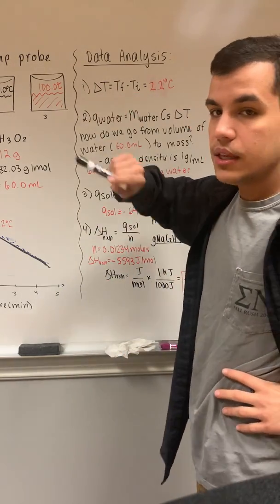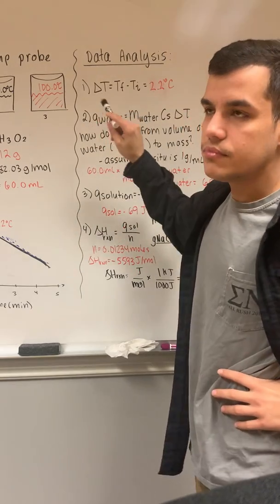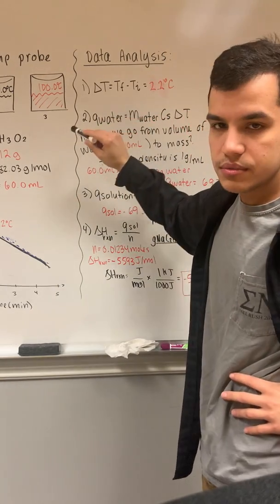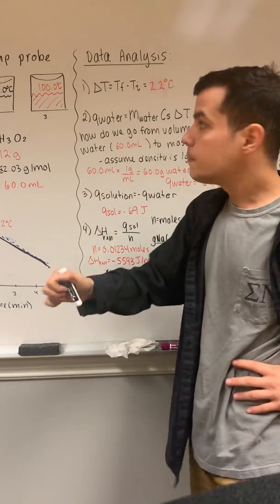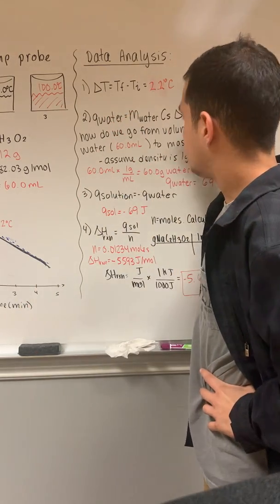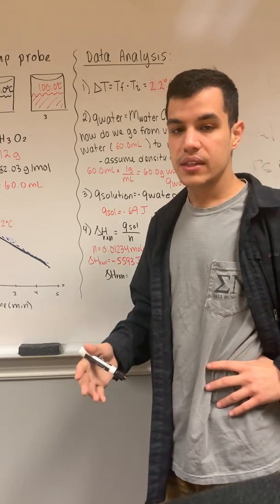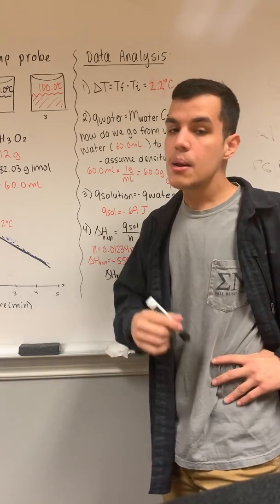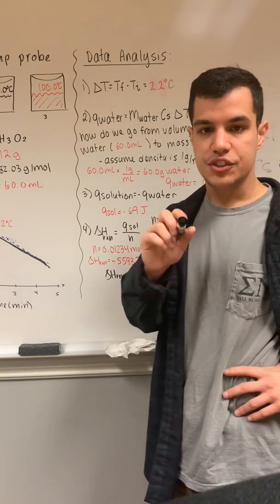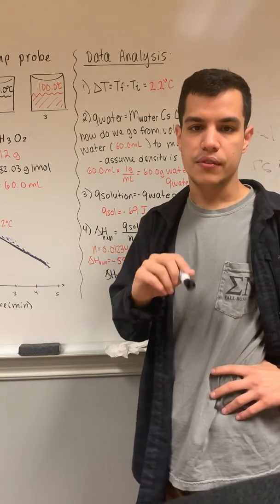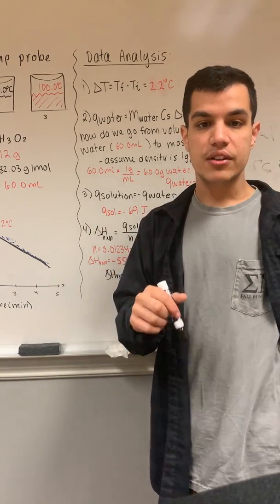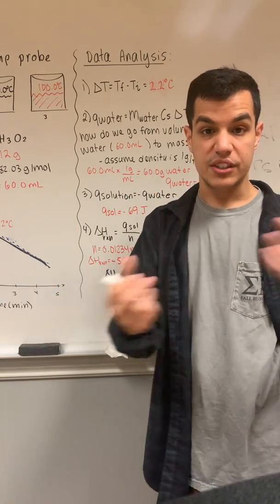For temperature, delta just means change. It just means final minus initial. So as I just said, enthalpy always has a delta in front of it. Temperature doesn't always have to have a delta in front of it, but when we're trying to get the change in temperature, then we put a delta in front of it, meaning that we want to know the difference between the final and the initial temperature.